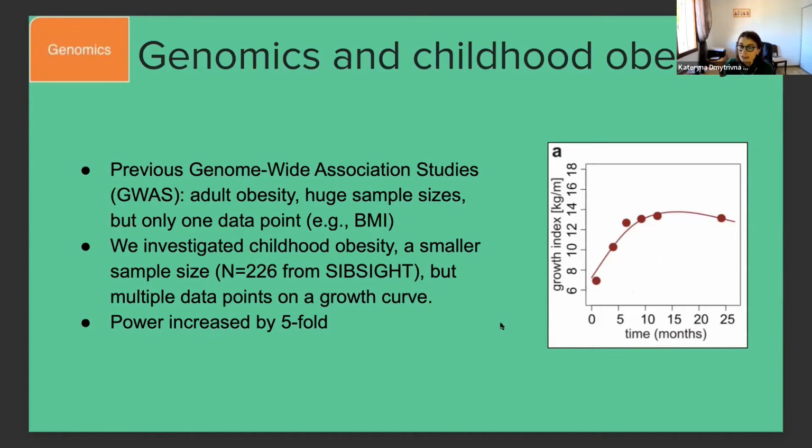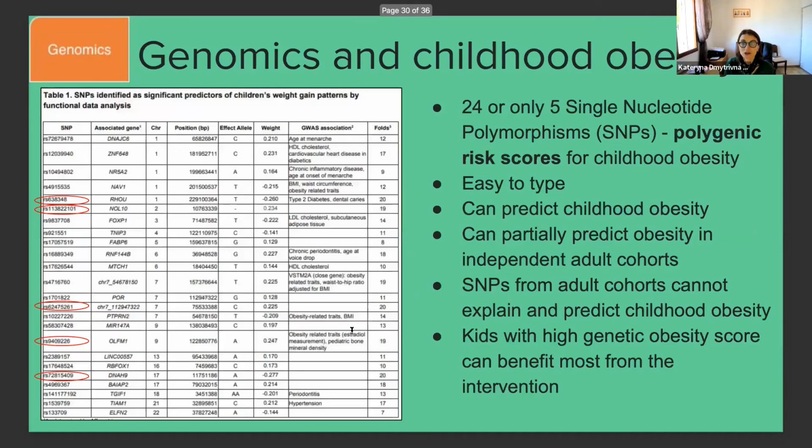Because we used multiple data points, our power increased by 5-fold. So studying 226 individuals was the same as studying 1,000 individuals.